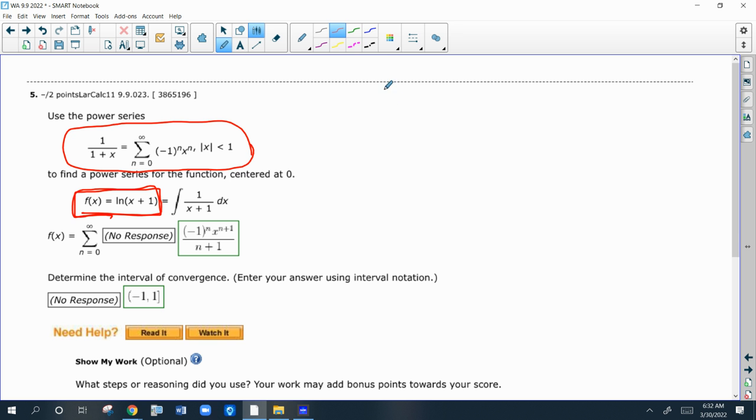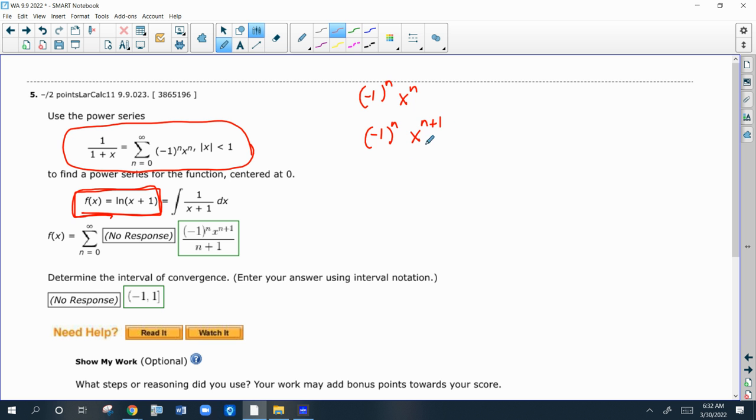So let's do it. If you're integrating negative 1 to the n times x to the n, negative 1 to the n is a constant. We're integrating with respect to x.